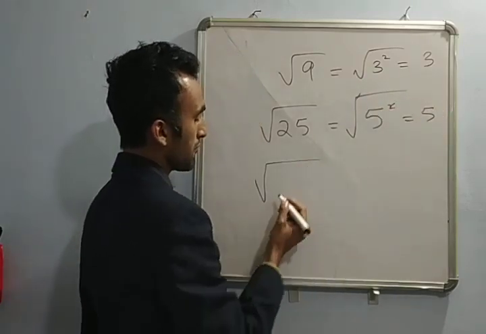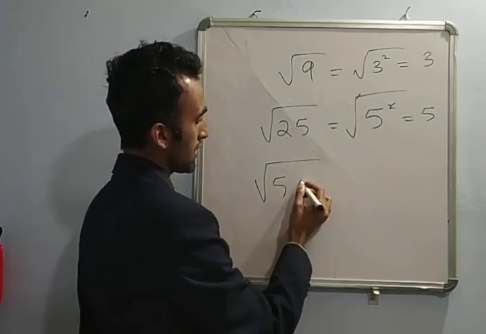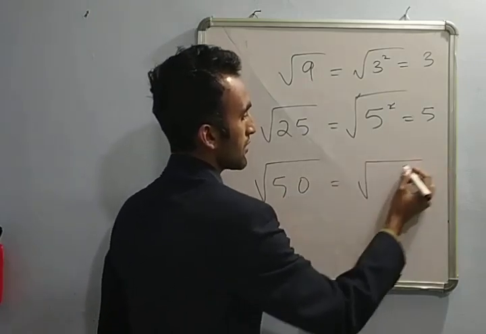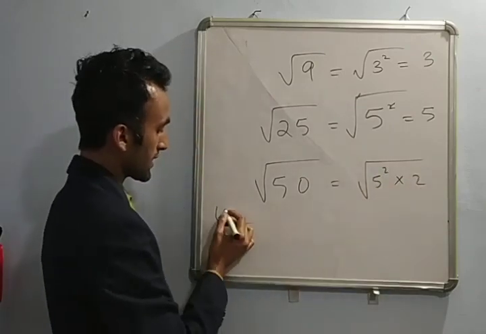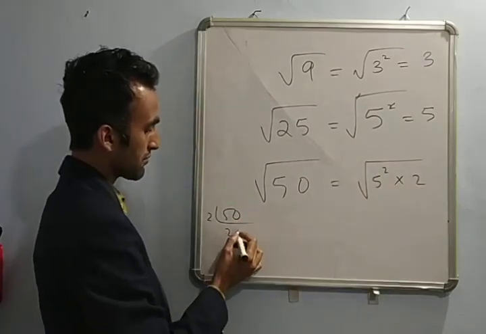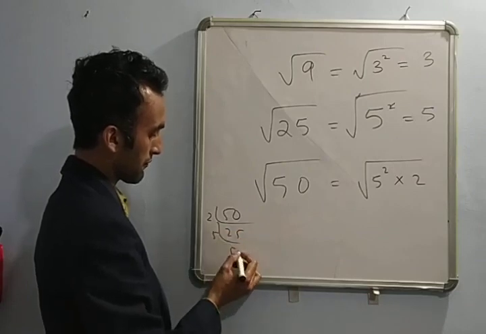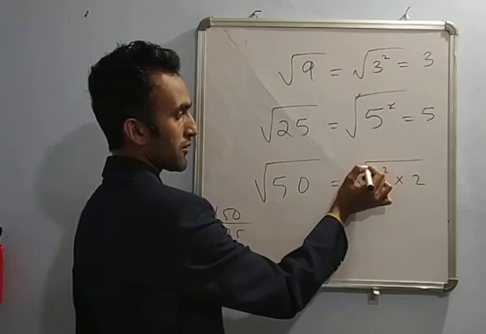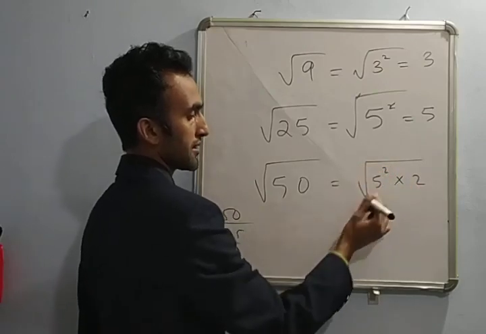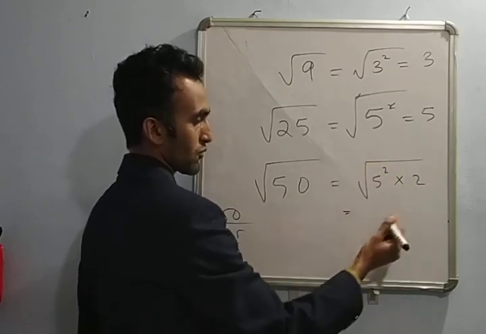Now square root of, let's say, 50. 50 I can write as 5 square into 2. 5 has a pair but 2 doesn't have a pair. So square and square root you can cancel, because square root will go to both parts.